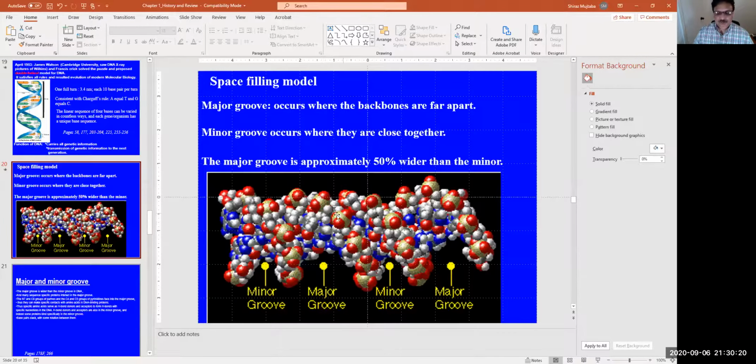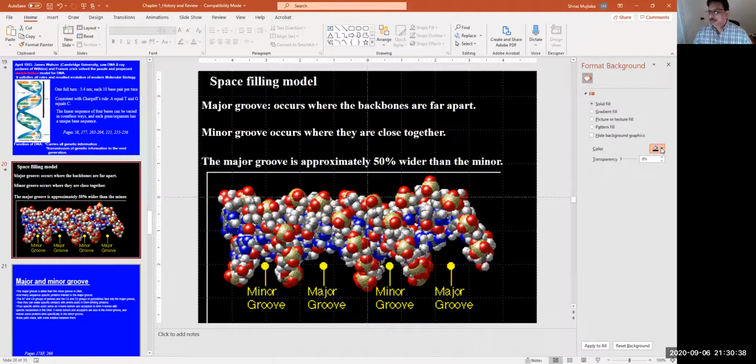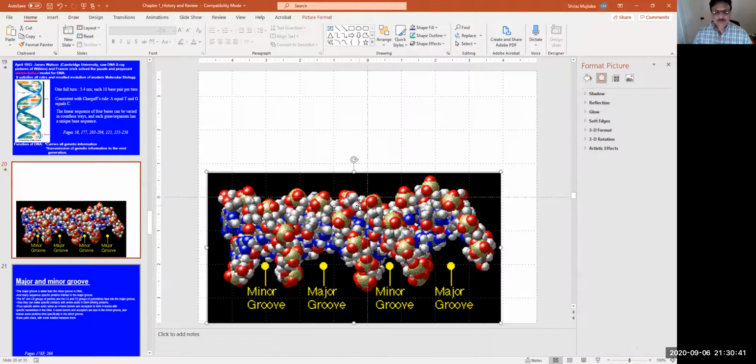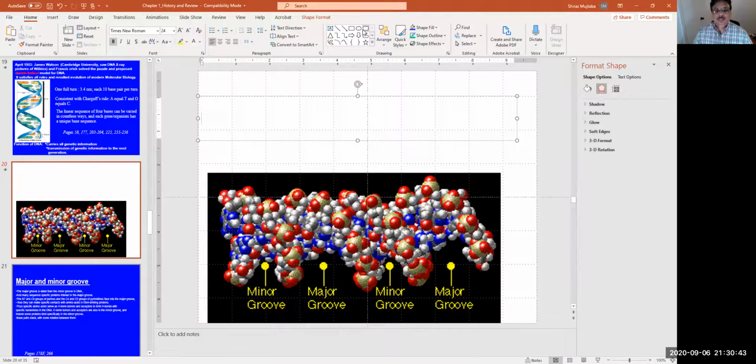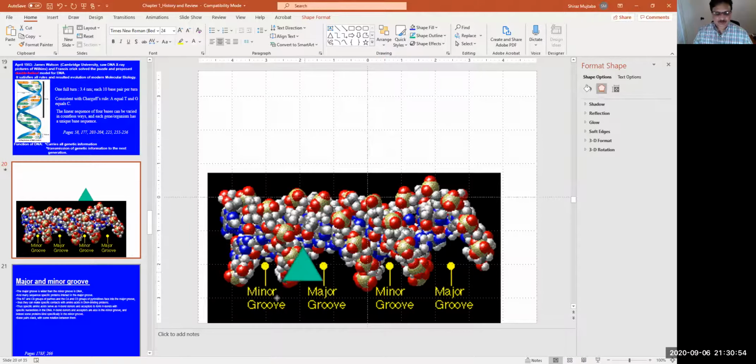This is what you see here as the red, white, and bluish balls. They are different atoms. But what I want you to notice is this: this is a major, this is a small one.